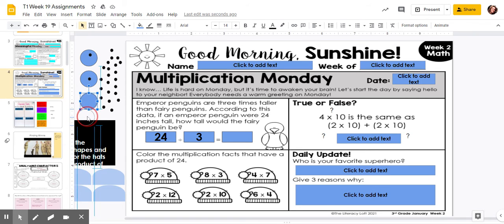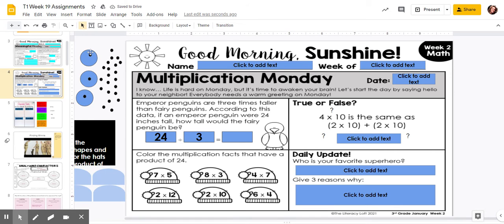Division is all about equal groups. Oh, it looks like that third one didn't want to go. So I know sometimes the technology is wonky, but there we go. So you just keep going until all of these dots are gone and each group has the same number of dots. Then the number of dots within a group, not 24, but the number within one of the circles, because all of them will have the same amount, is the answer.